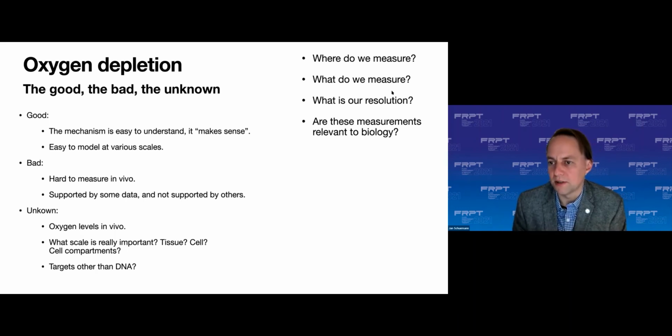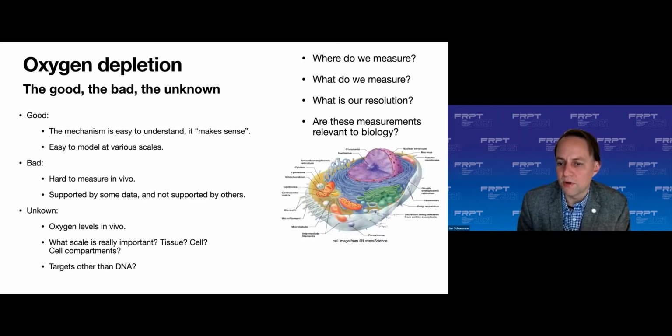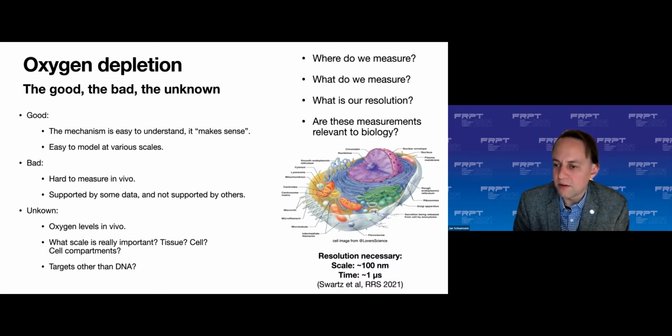So it's important to think about where we measure and what we really measure when we measure things. If you measure a typical PET oxygen distribution, you're averaging over quite a large area there. And so we need to understand what our resolution is and whether these measurements are really relevant to our biology. Because if you look at a cell, for example, Schwartz et al. had an interesting discussion at the Radiation Research Society meeting just a few months ago, where the oxygen concentration actually also varies largely across a cell.